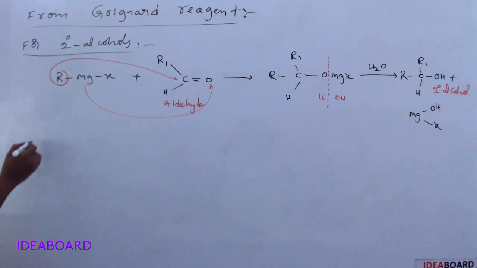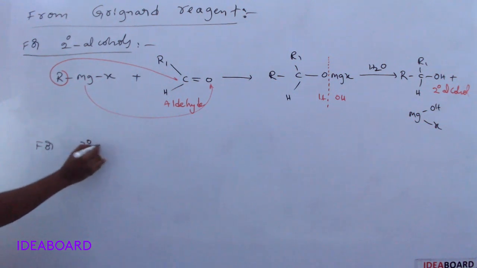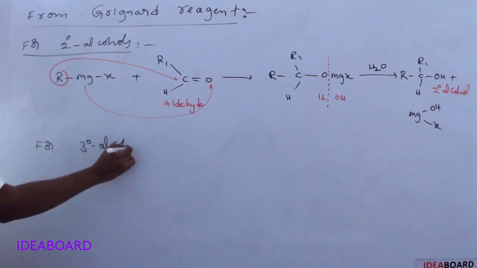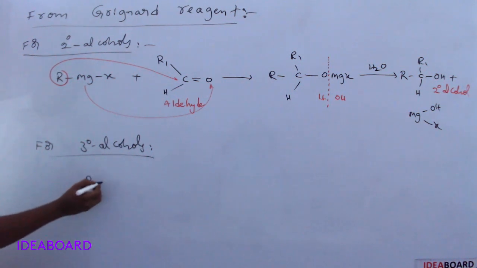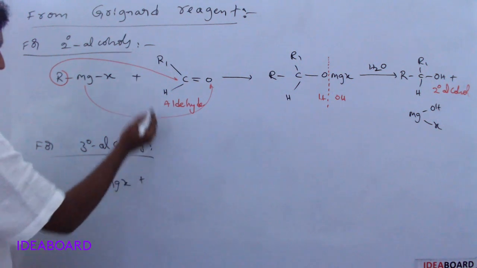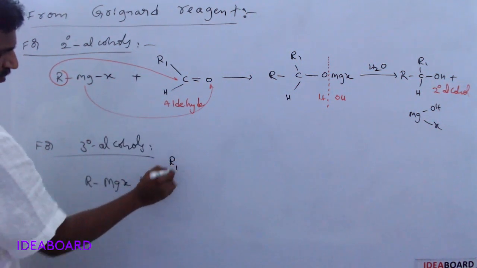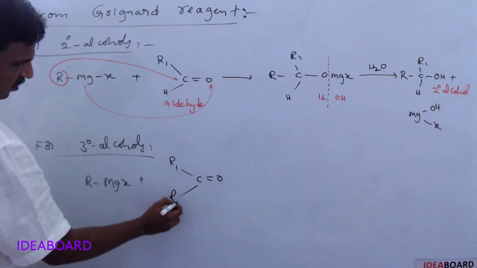And next, for tertiary alcohols. For tertiary alcohols, if you are taking RMgX reacting with ketones. Here it is R1 and this is double bond O and this is R2.